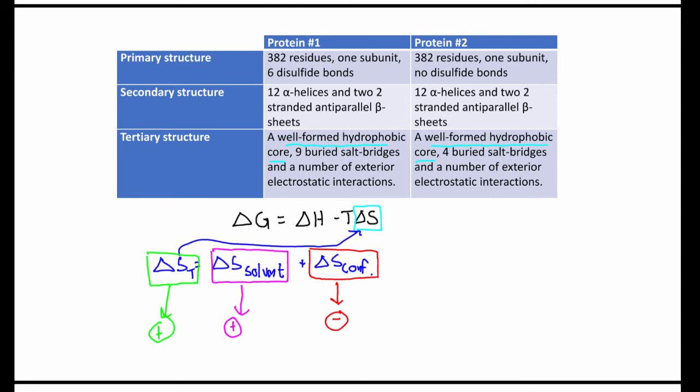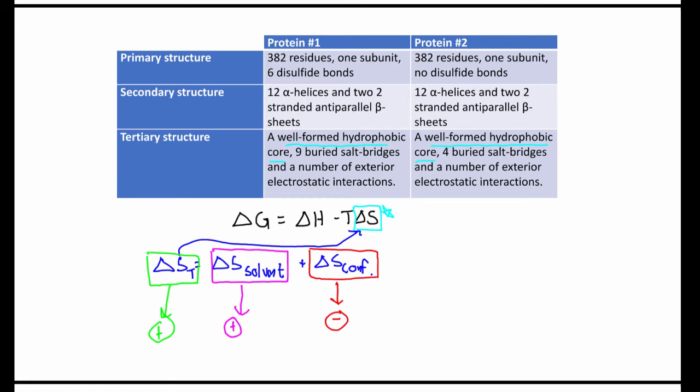Now the next question is this: what about the enthalpy of the protein? Remember, we have now dealt with this, and we're going to think about this in biologically relevant terms.